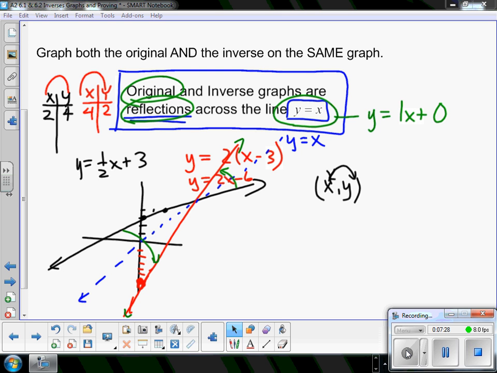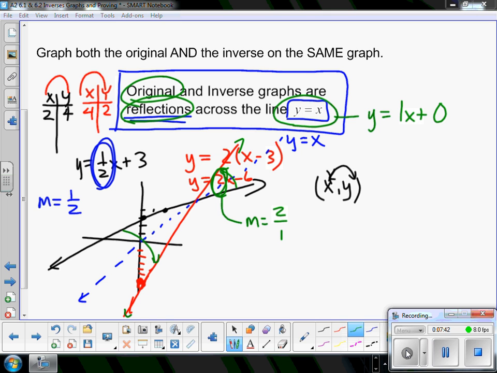One other thing I want to point out is notice what happens with the slopes. The slope of the original was 1/2, and the slope of the inverse was 2/1.